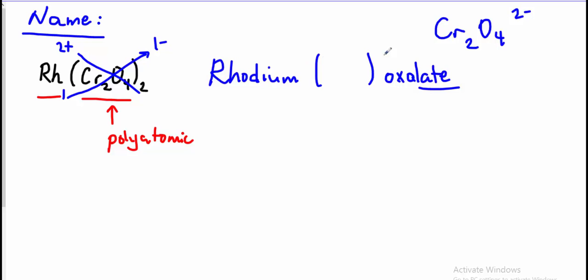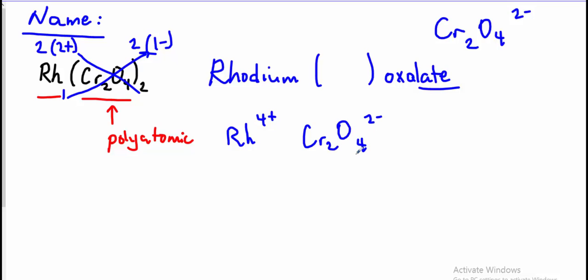I know that oxalate has a 2 minus charge, so I need to multiply this by 2, and I'm going to do the same thing over here to the metal. So I know that rhodium actually has a 4 plus charge, so that it can be balanced with oxalate, which has a 2 minus charge. So there's my answer. It is 4.